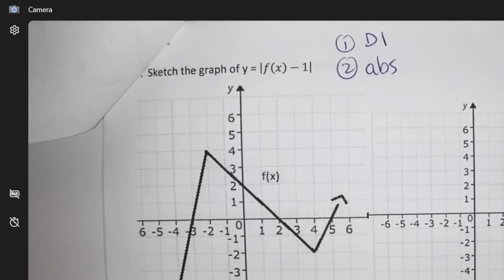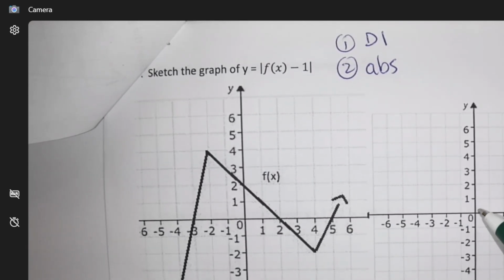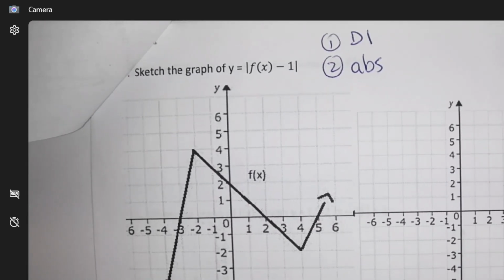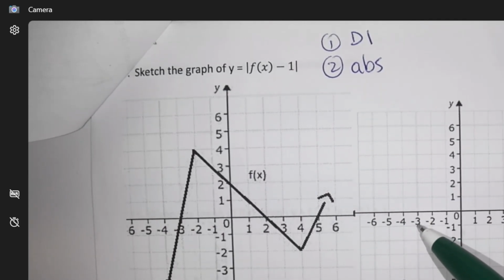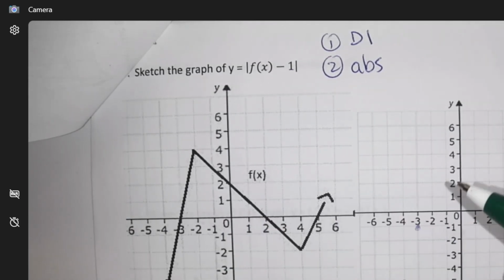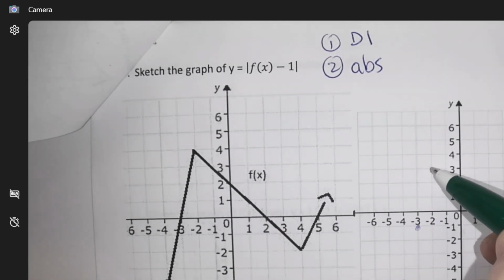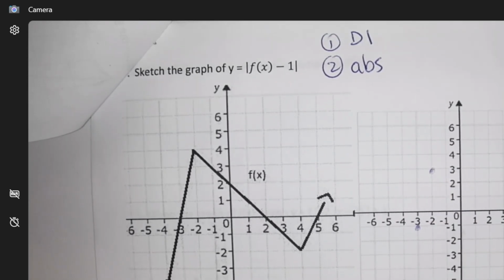Okay, so here's what I'm going to do. I'm physically going to draw that. I'm going to go down one. So this one would be -4, -5. I'm going to draw it really lightly. So this intercept at -3, move it down one. -2, height of 3 instead of 4.